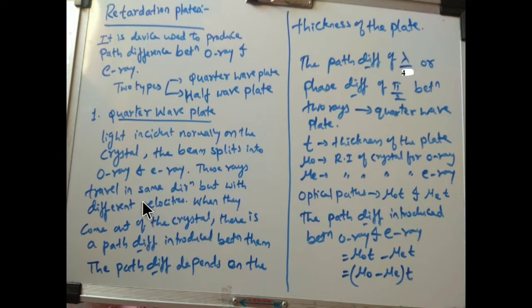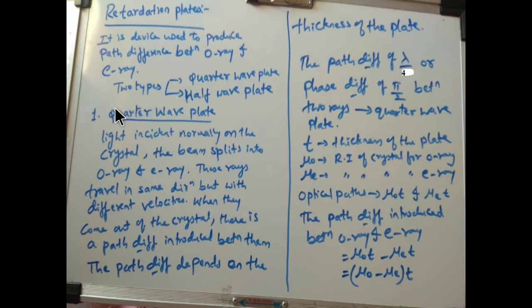Now the definition of the quarter wave plate. The plate which introduces a path difference of lambda by 4, or a phase difference of pi by 2, between the two rays is known as a quarter wave plate.